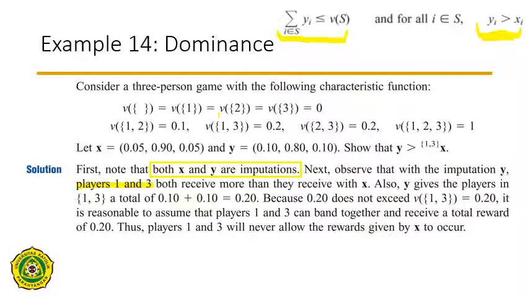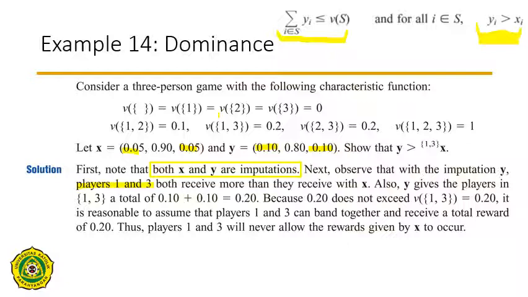For 1 and 3, y1 is greater than x1, and y3 is greater than x3. So yes, this condition is satisfied. Player 1 and player 3 prefer imputation y to imputation x.